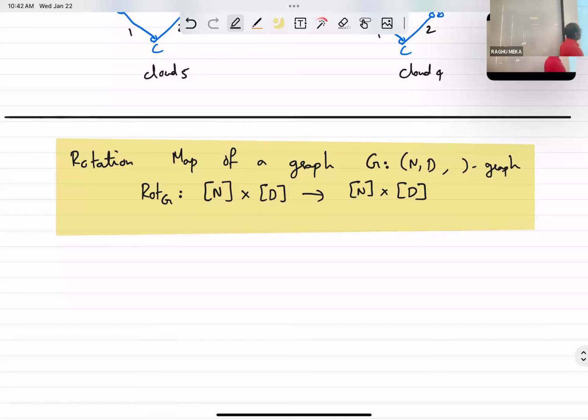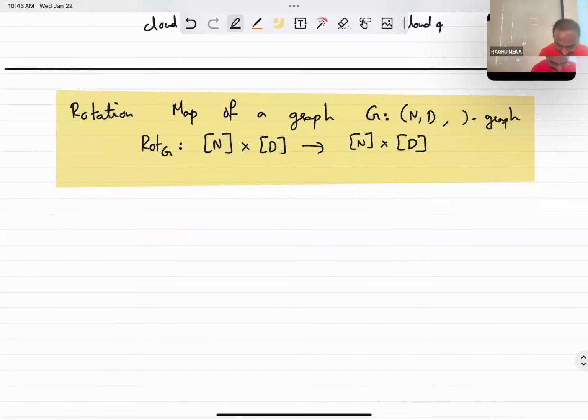Okay. So it takes a vertex, an index of a potential edge label out of that vertex, gives out a new vertex and an edge label for where you end up. Okay, that's the interpretation. It's a mapping from n times d to n times d, right?